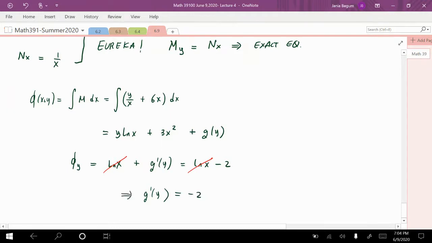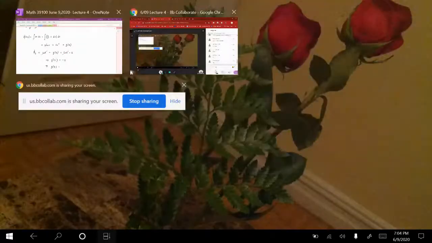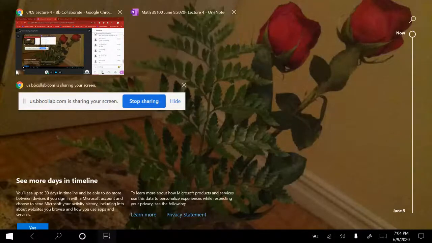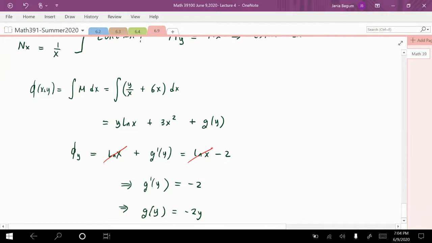So what is g of y? What's the integral of -2 with respect to y? Negative 2, correct. Absolutely. So this would be -2y. And again, if you want to add plus C, that's up to you, but we're going to call phi equal to C, so I'm going to reserve that for phi.